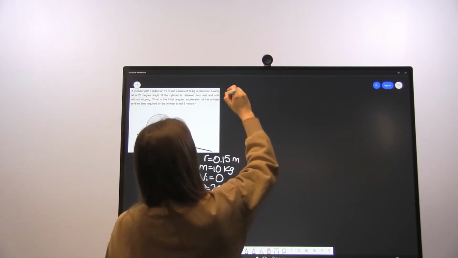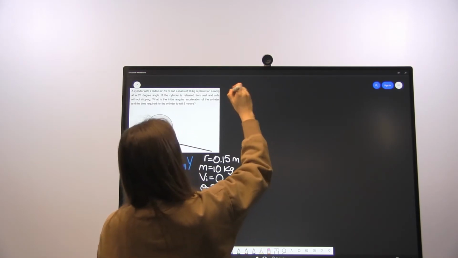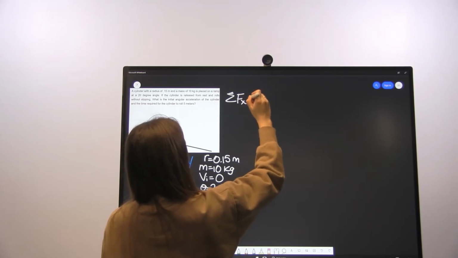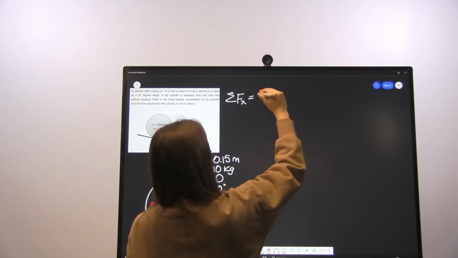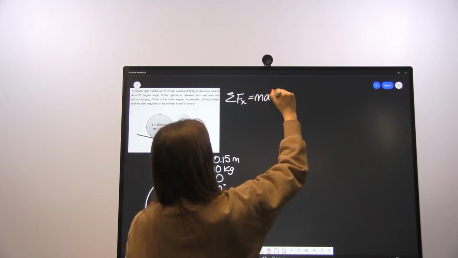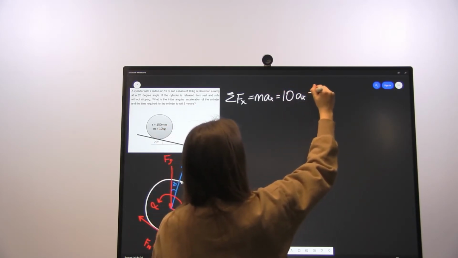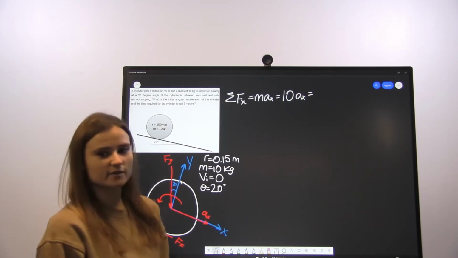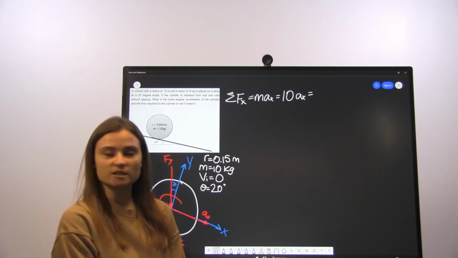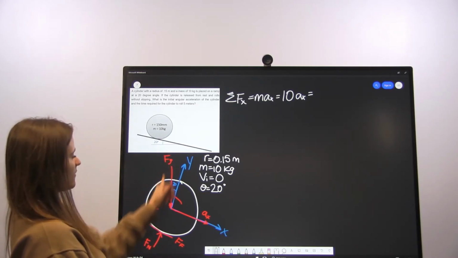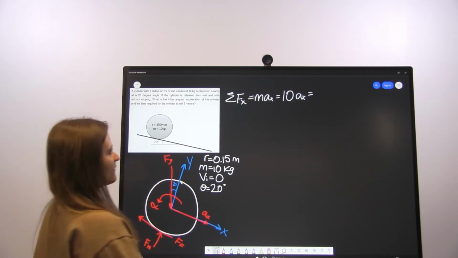So we have our forces in the x direction, which is equal to mass times acceleration x, which is equal to 10 times acceleration x, because we don't have the acceleration in the x direction. This is equal to the x component of our force of gravity.